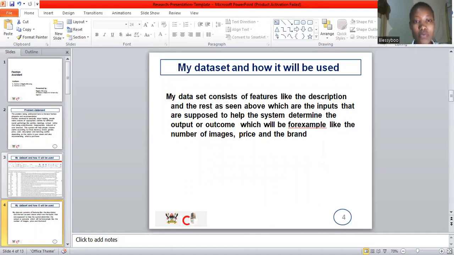After providing, for example, a description, it definitely has to give you a gender or a brand that you want, and it will give you the product name, the price, and the color. If you input your gender, it will look for you the appropriate outfit. Basically, that's how my data set will be working.